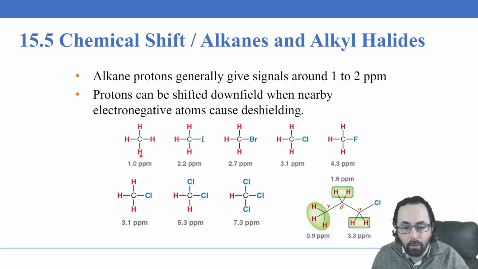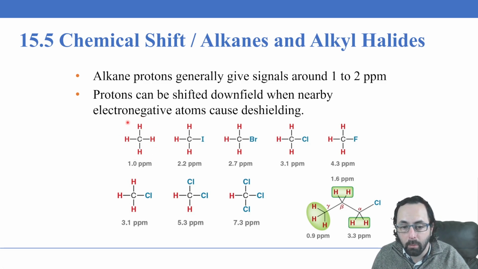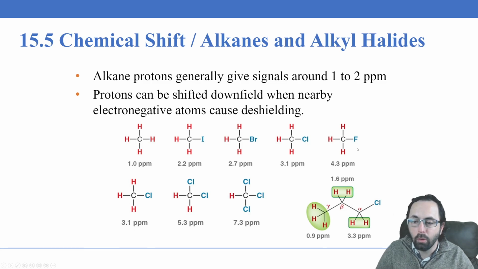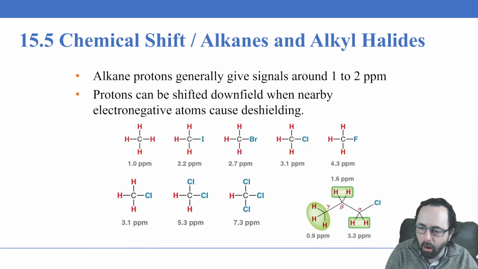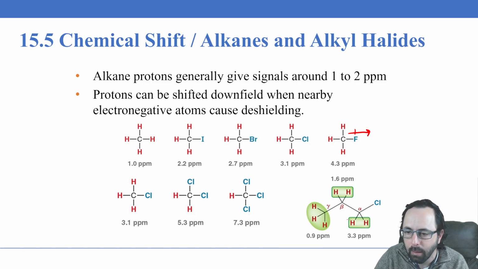And so we can see, if we have no electronegative atoms attached, like in methyl, the protons on methyl will have a chemical shift of approximately 1 ppm. They will be shielded somewhat due to the electron density of the carbon and the hydrogens here. But if we attach a very electronegative atom like fluorine, that's going to pull electron density away from the carbon, and that's just a direct effect of having these two atoms bonded.